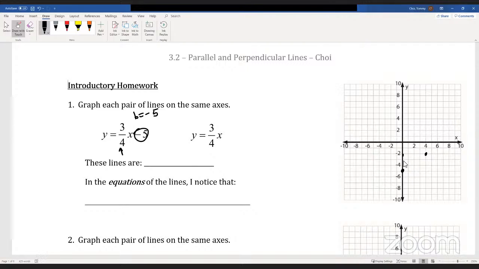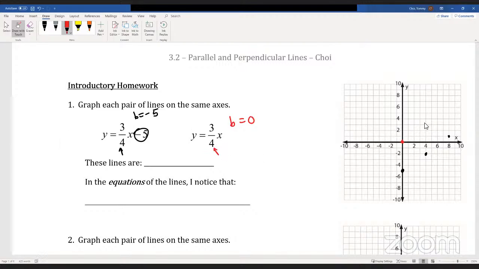We should get this point here. So up 3, right 4 ends up there. Then we do it again, up 3, right 4. We end up here, and we get this line there. Now for the other one, the b value here is 0, and the slope is the same.